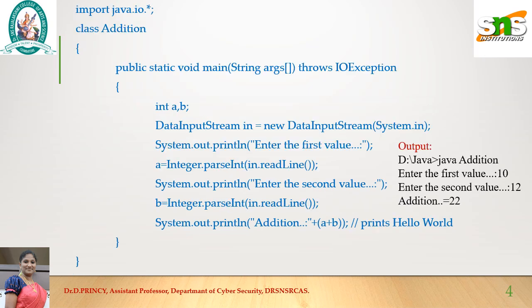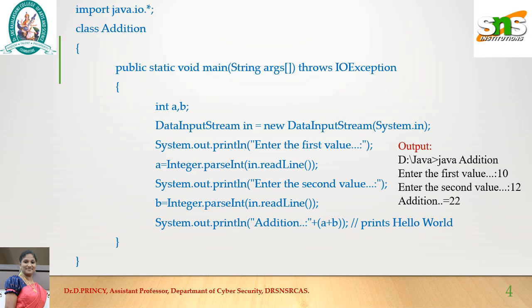Here is another example which gets values from the user, and we add those values to perform the addition operation. I'm declaring two variables a and b using the object of the DataInputStream class and getting the value from the user using the method readLine, and the wrapper class Integer parsing to convert the value into integer type.